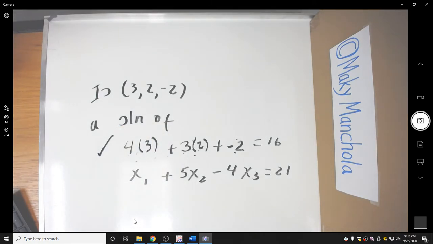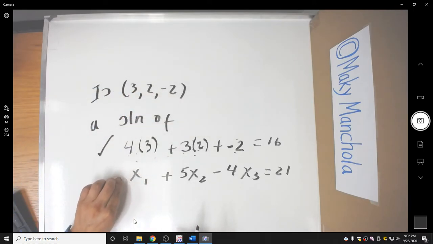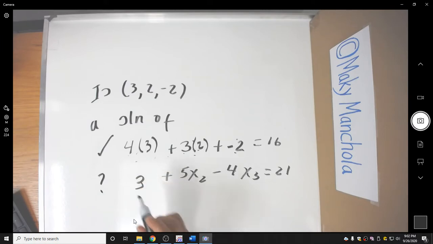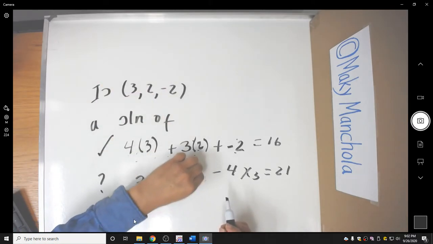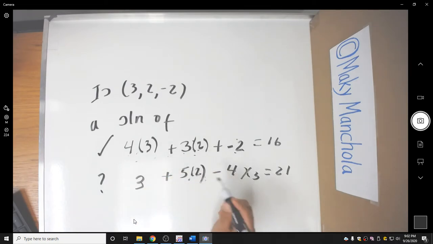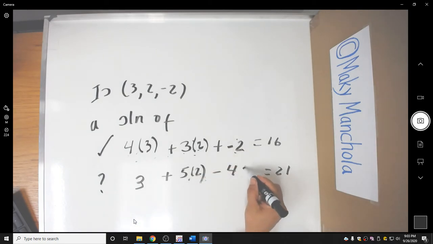That doesn't mean that this is a solution to the system until we're also able to verify that that same 3-tuple is also a solution of the second equation. So let's check. Is 3 plus 5 times 2 minus 4 times negative 2 equal to 21?